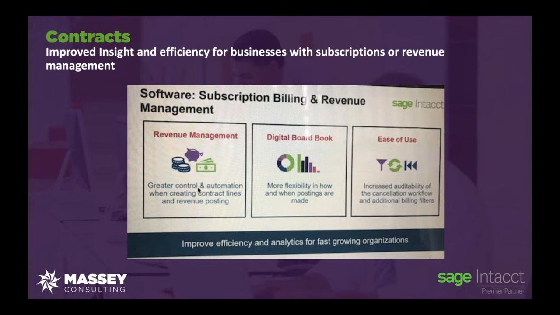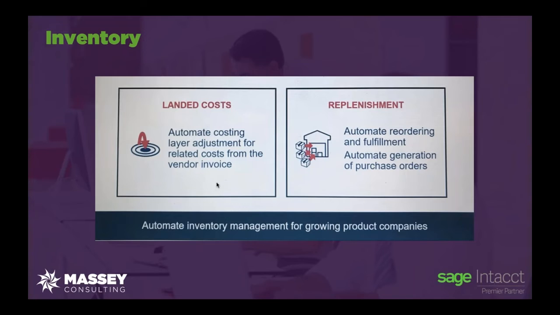You've got some increased auditability of the cancellation workflow and additional billing filters over in the contract module as well. So a lot of good advances in the contracts module in release 4. Still making progress with that, still improving it just like every other aspect of the system to make things easier for the end users, which is the overall goal, period.